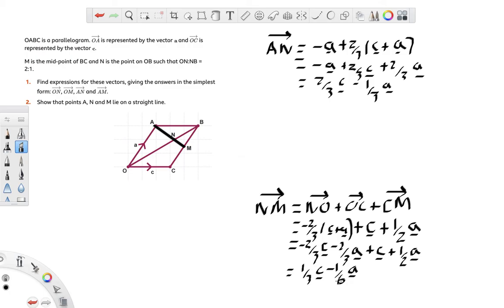Okay, so now we've got these two vectors over here.